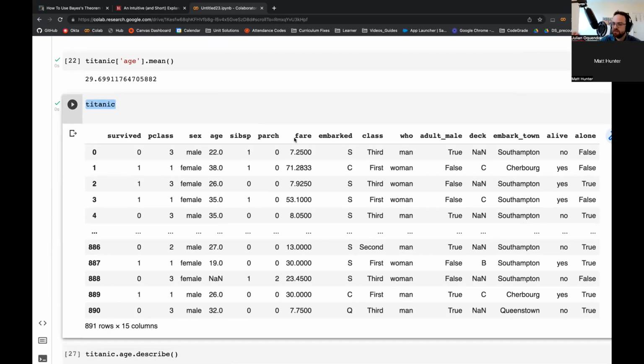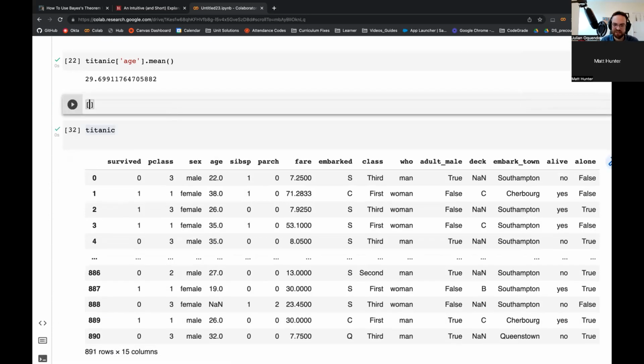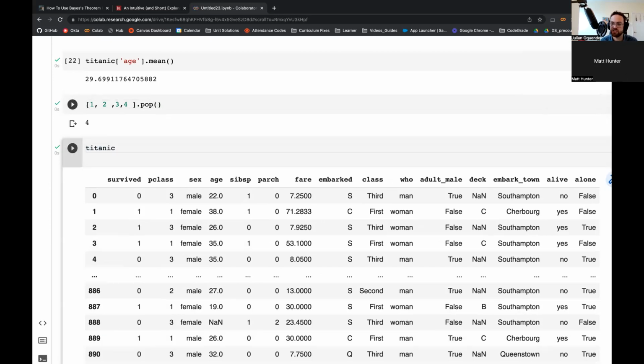So the confusion comes from base Python. Say, for example, if you have a list of values like 1, 2, 3, and 4, generally speaking, the functions inside base Python objects make changes permanent.